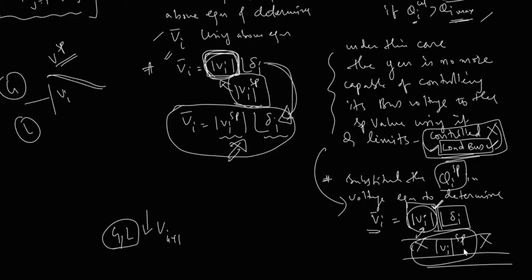If it is a generator bus, then I do the same logic here. If it is a load bus, then straight away all P and Q are specified and I calculate the voltage, right? No question of waiting there. But if it is a generator bus, I do the same limit verification, and calculate the new voltage at that bus. So this is all about the Gauss-Seidel method when the network has both generator buses as well as load buses.